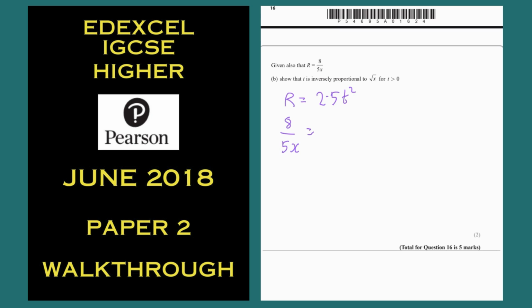Let's just tidy this up. 2.5 is 5 over 2. I'm going to get rid of the bottoms, multiply both sides, so I get 16 equals 25xt squared. Show that t is inversely proportional to root x. In other words, rearrange so it's t equals. I actually didn't need to remove the x, but there you go. So let's divide both sides by 25x.